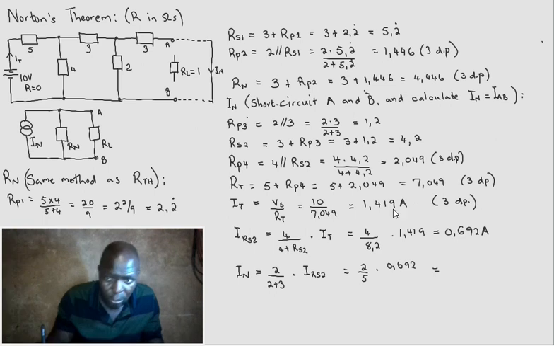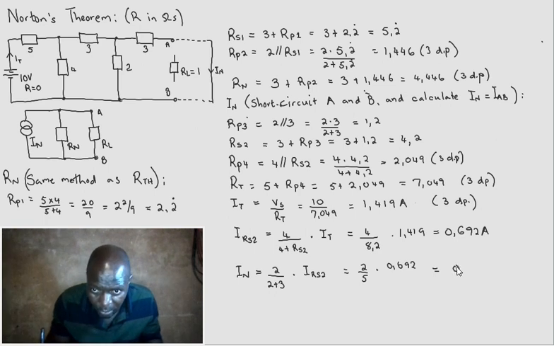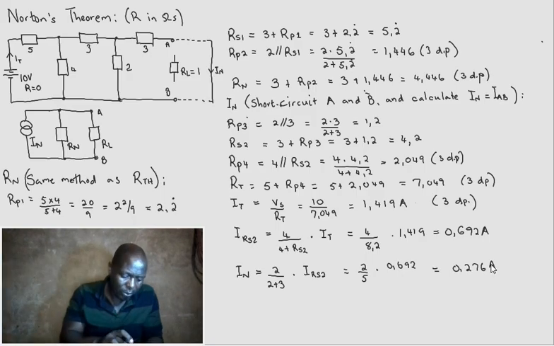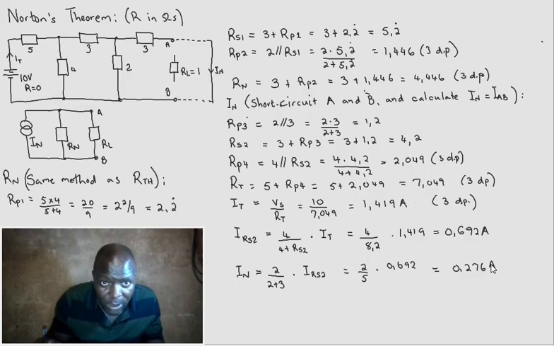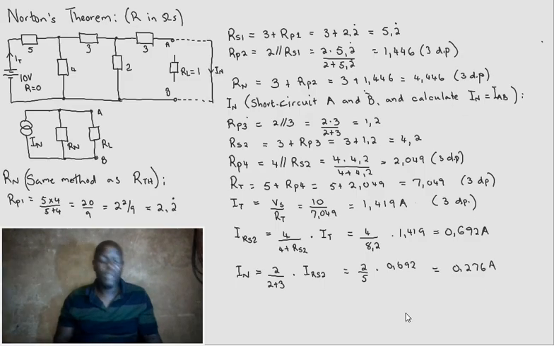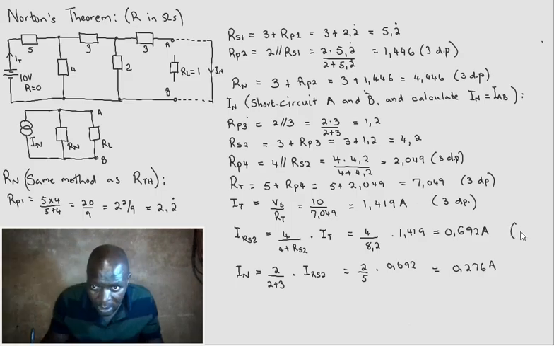And that is 0.276 amps. I'm going to store this in B. I don't need anything else. I've got my Norton resistance of 4.46 in A. I've got my Norton's current of 0.276 in B. Remember, this was rounded off.